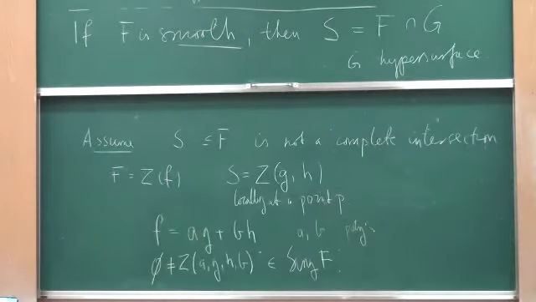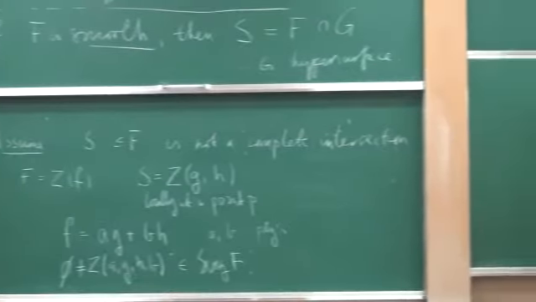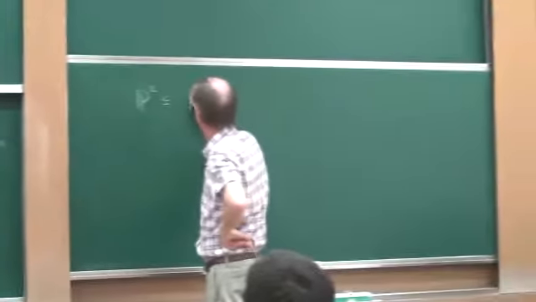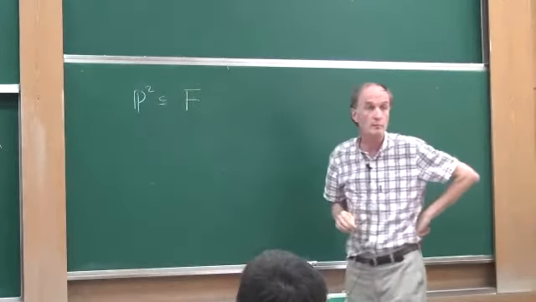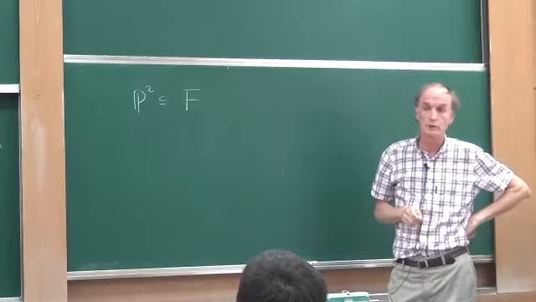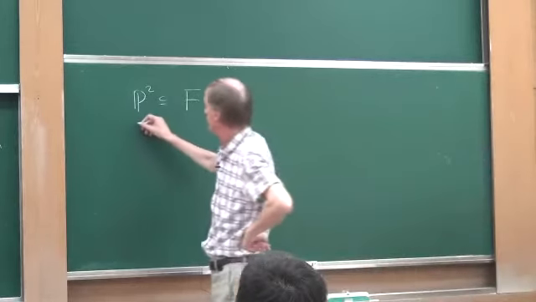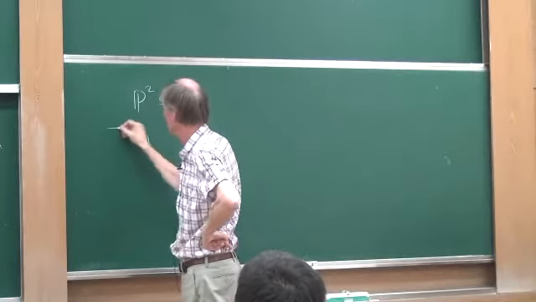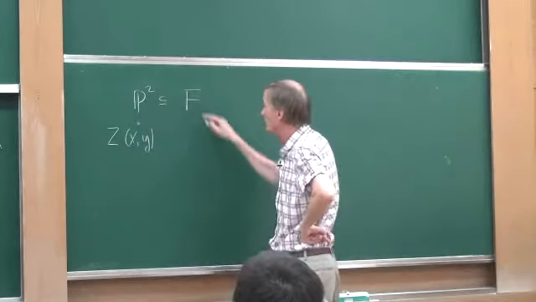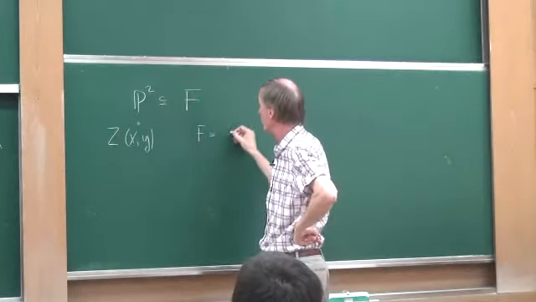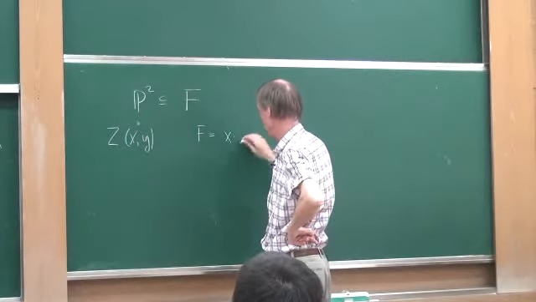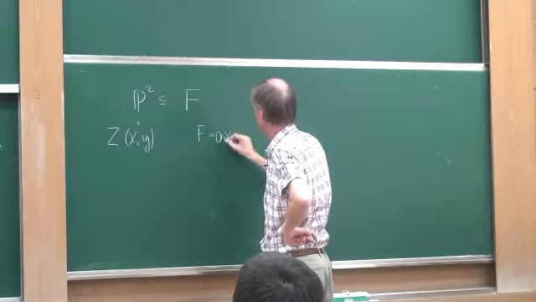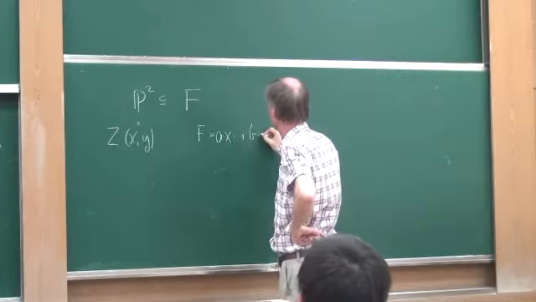So maybe it's easier to convince you, if I think of the following situation: if P2 is inside F, if you have a plane, really a plane inside F, then the ideal of this is just x and y, and the polynomial f is then some a times x plus some b times y.